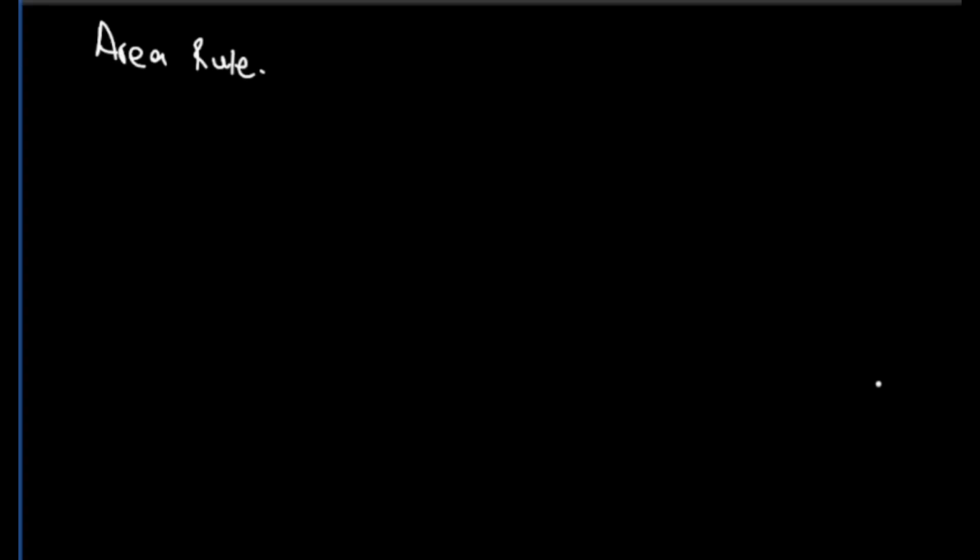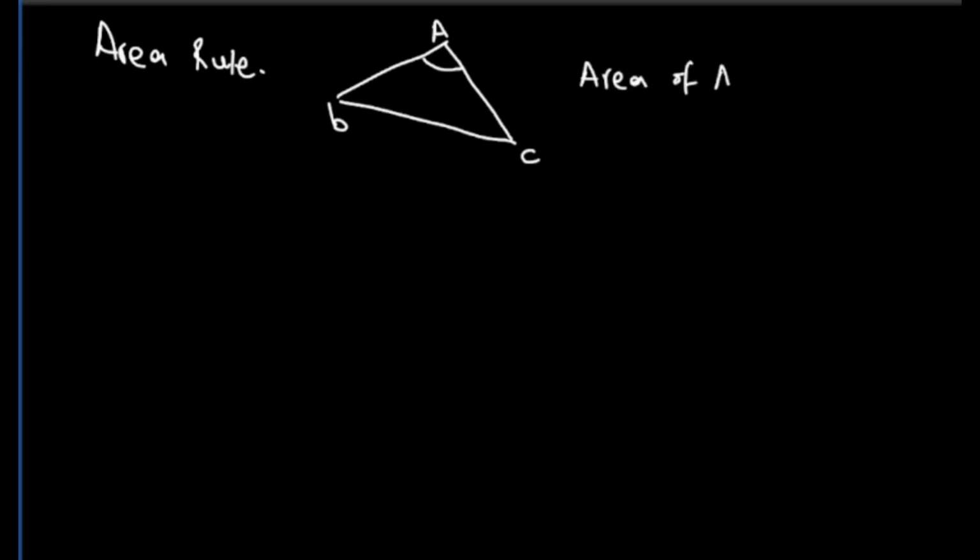And remember we said the area of any triangle, if I have a triangle like this, this is my A, B, C. So the area of this triangle, if I have this included angle, the area of triangle ABC is equal to half of the two sides, which is the small c and the small b.